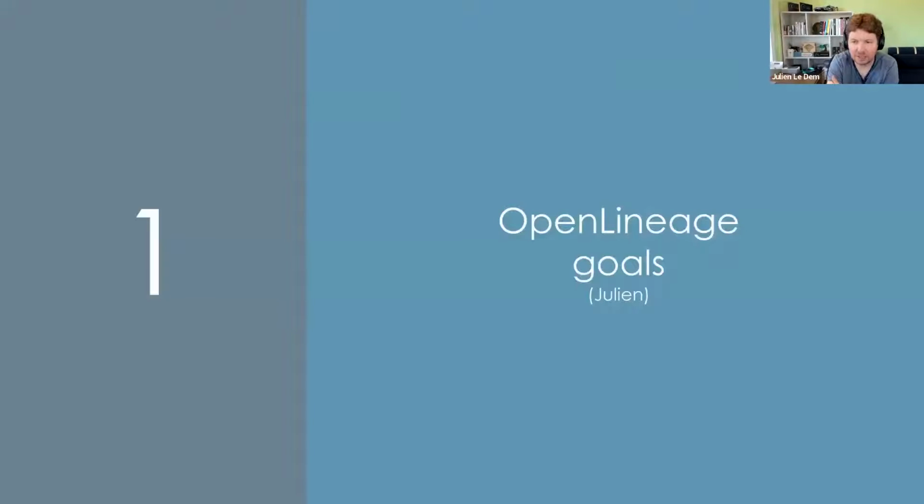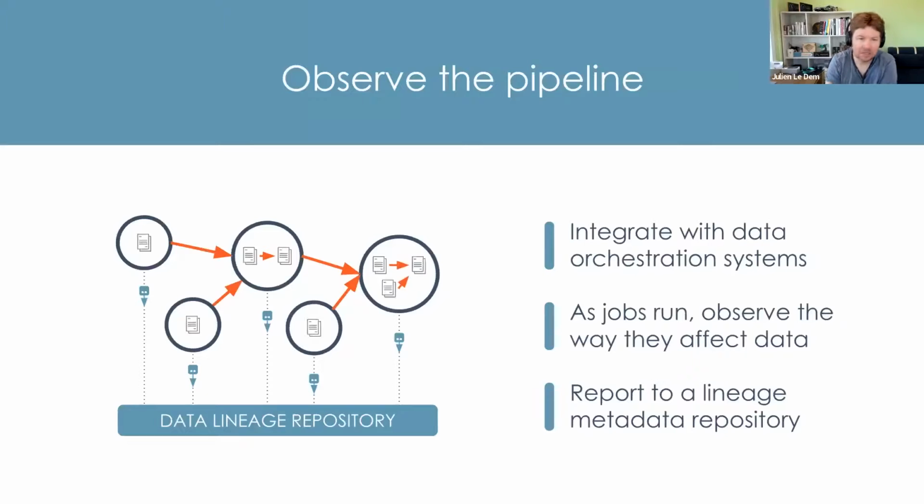So first, on the OpenLineage goals. One key aspect of this is, there's lots of discussion on how lineage works, how you solve lineage, and one of the observations here is that lineage is something you want to capture as the transformation is running: what's happening, what the transformation is reading from, where it's writing to, and how everything connects together.